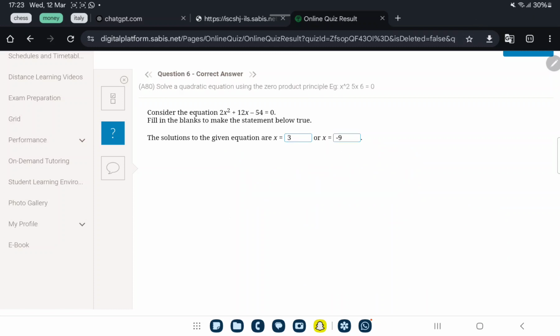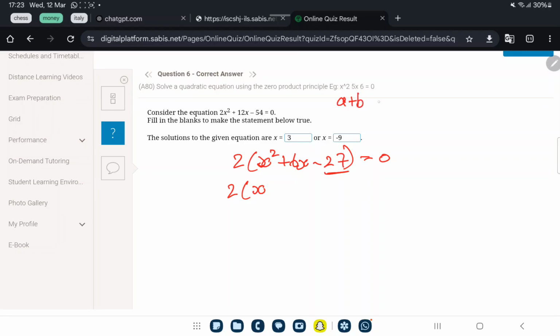This question, to find the roots, you first factor, but you can factor out the 2 first. The 2 times (x squared plus 6x minus 27) equals 0. And then you factor this, so it's 2 times... To factor that, you have to find two numbers whose product equals this one and whose sum equals this one.